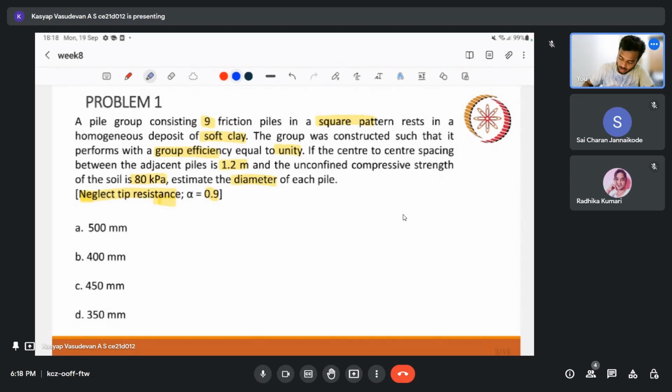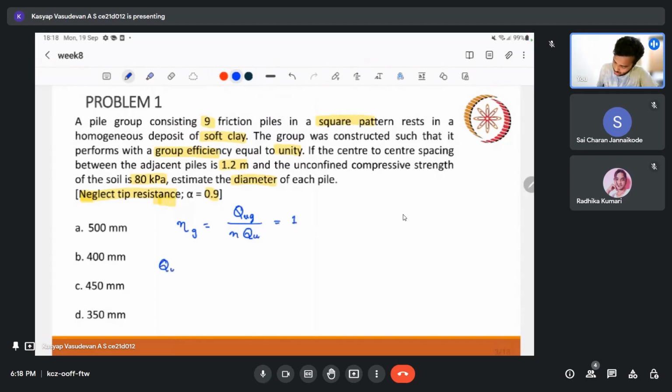To begin with, the group. Let us say what we are given. Our group efficiency is equal to the group capacity divided by n times the single pile capacity, where n is the number of piles. This must be equal to 1. That's what we're given.